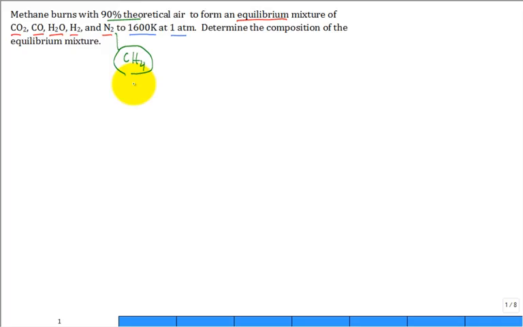If we only studied the previous chapter, we'd be forced to say, oh, well, there's some unused methane coming out. But when you read this problem, if it says it's not in the equilibrium mixture, it's not in the equilibrium mixture. It's just not there. So there's no methane in the equilibrium mixture. That's kind of a big point.